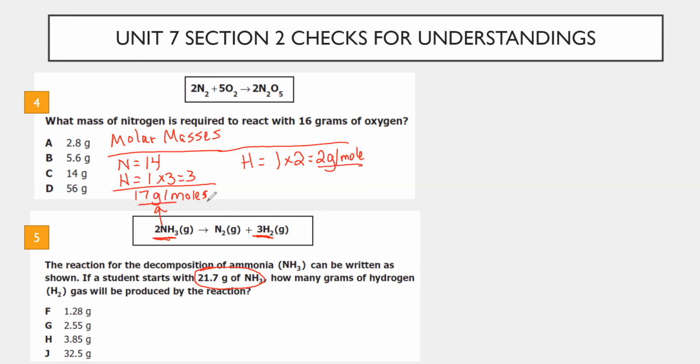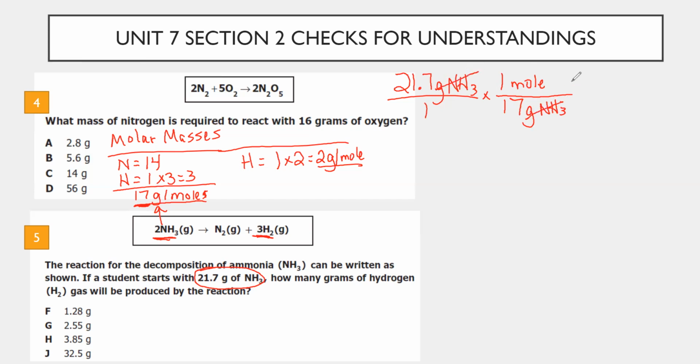Okay, so we'll come using these. We're going to use the ammonia one first. All right, so let's convert the 21.7 grams of NH3. We're going to convert that to moles. 1 mole of NH3, we said, was 17 grams.